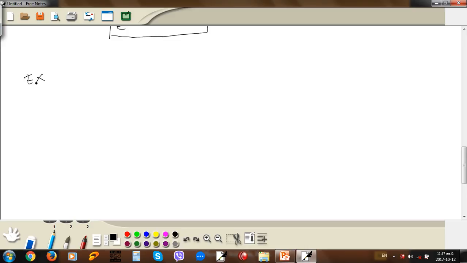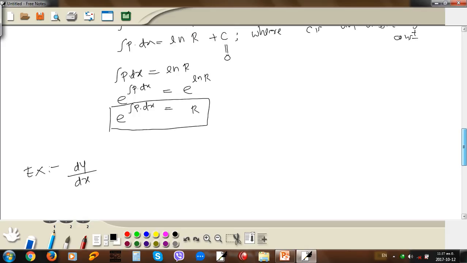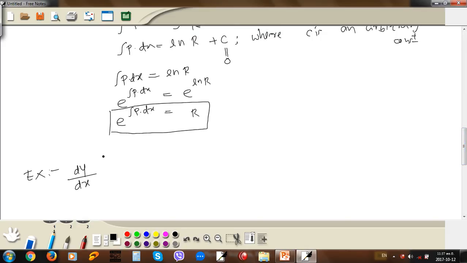Example. So what is the example? dy by dx plus 1 over x, y equals x to the power 2, right?